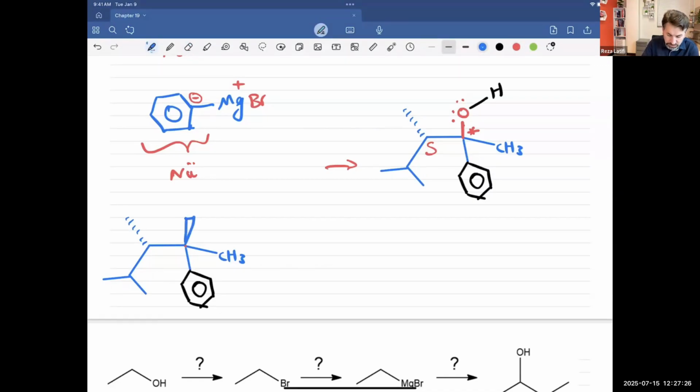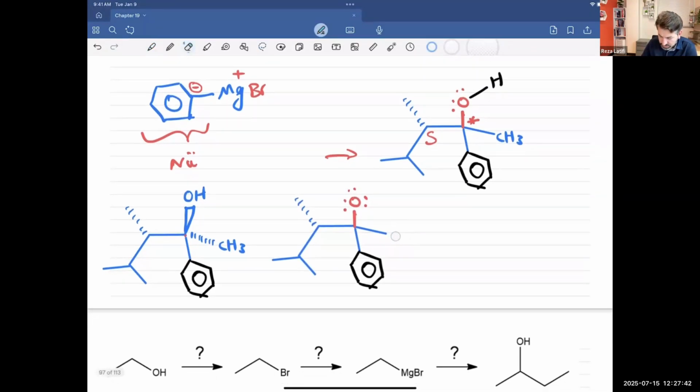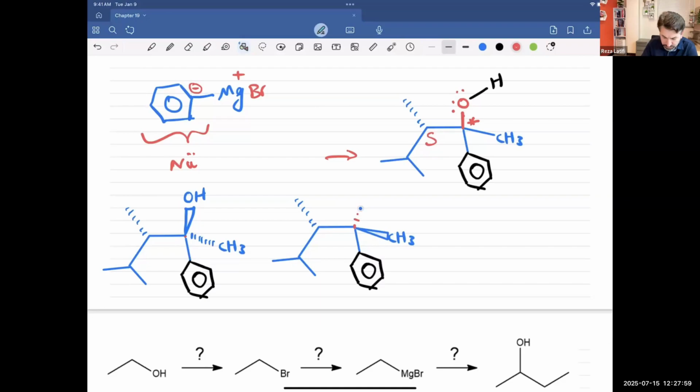That means we need to have one group at the back of the molecule. So let's say methyl is at the back of the molecule. And this is OH. In another case, we're going to send the OH to the back of the molecule, but the methyl will be facing toward us. So the methyl is facing toward us, and the OH will be at the back of the molecule.